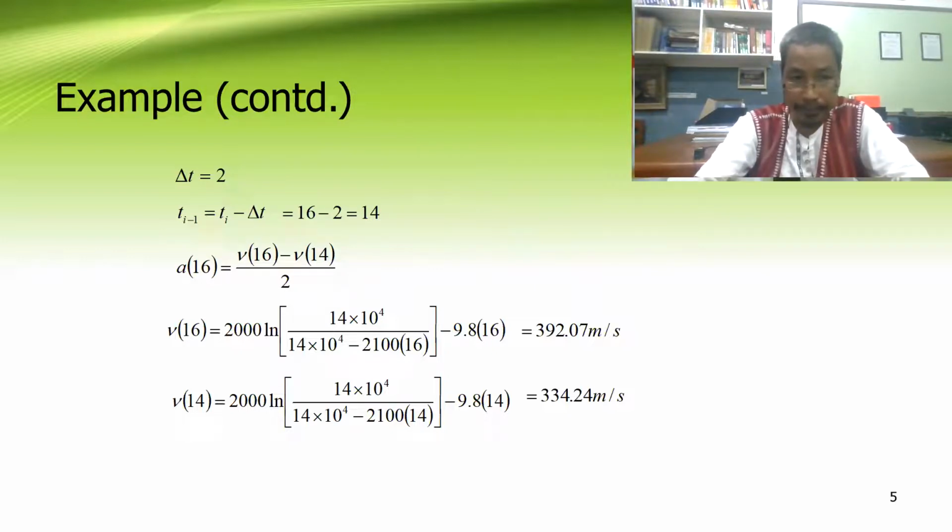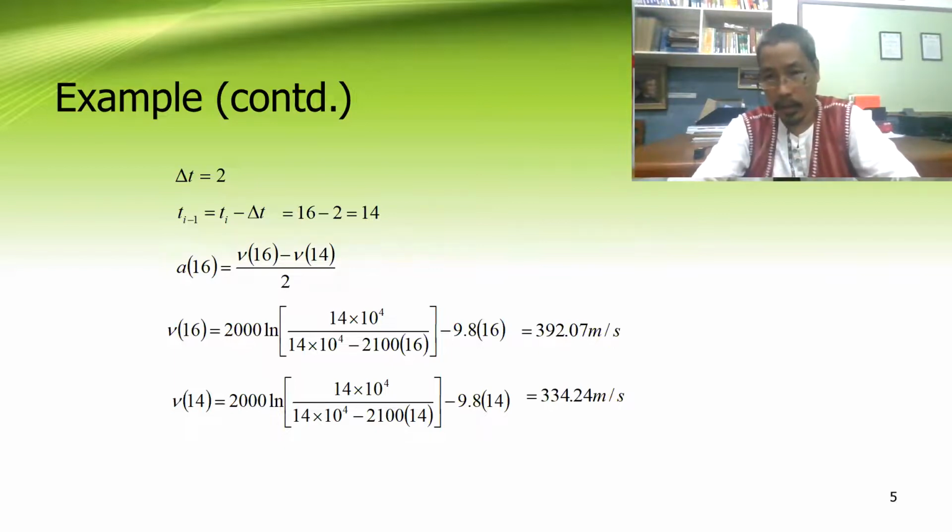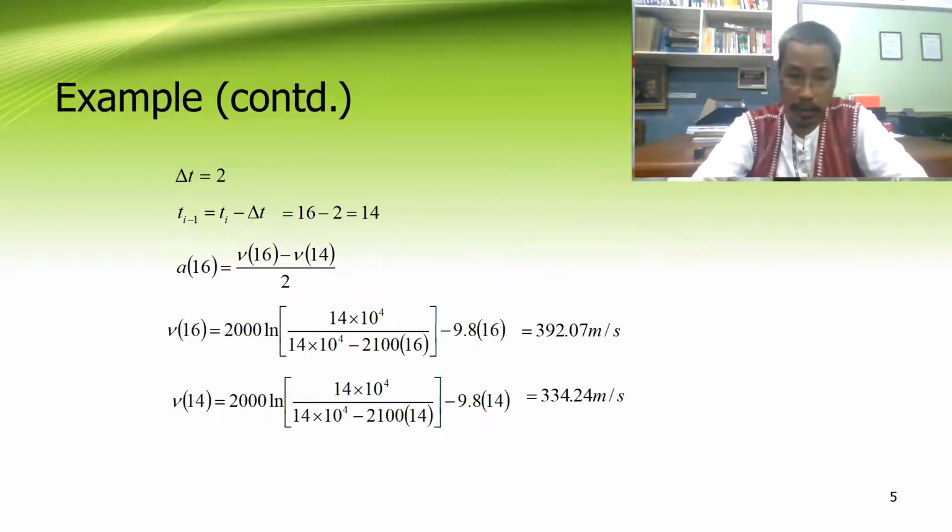So therefore, if the time at t i is equal to 16, therefore at time t i minus delta t is 16 minus 2, which is 14 seconds. So we have the 2 points, 16 and 14. So let us evaluate the velocity at each of these points.